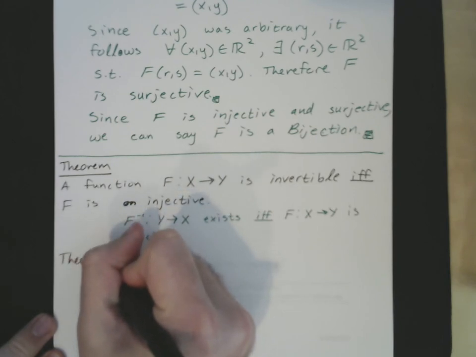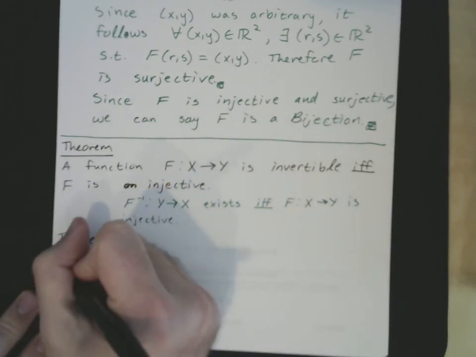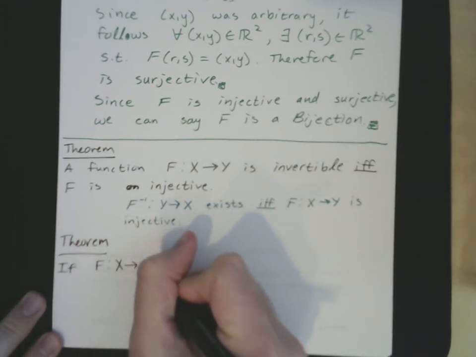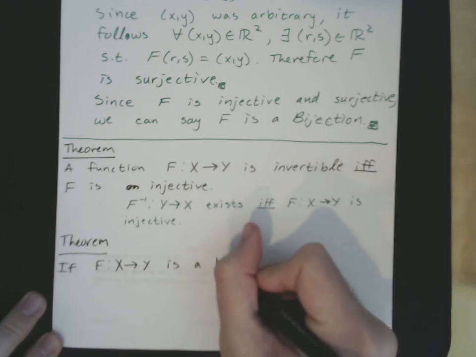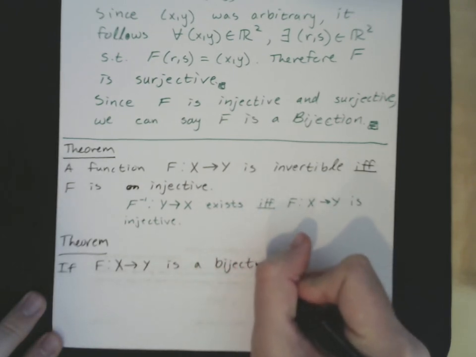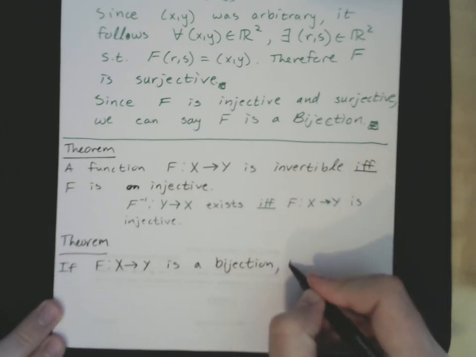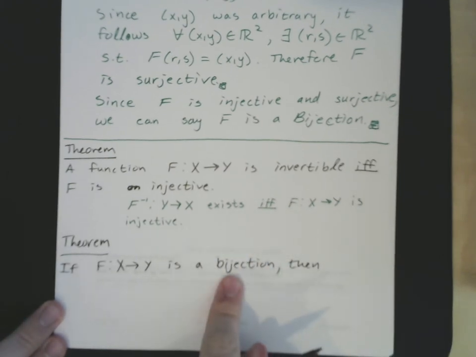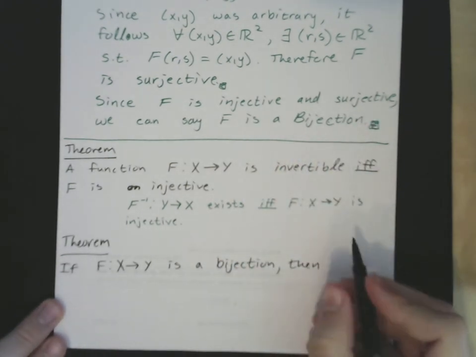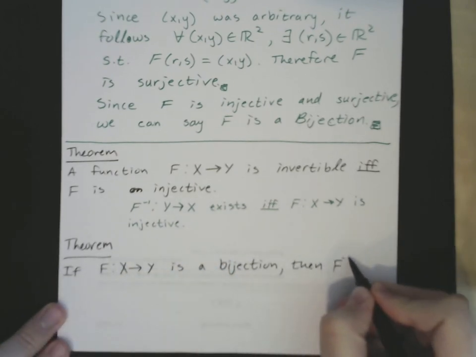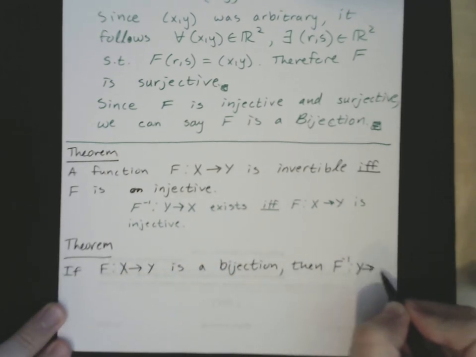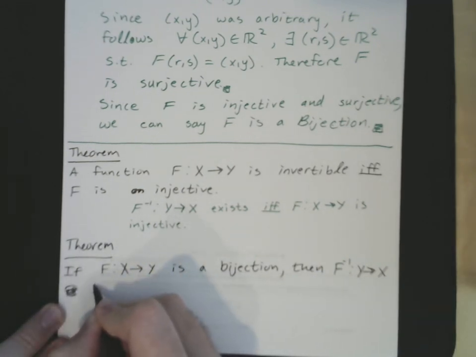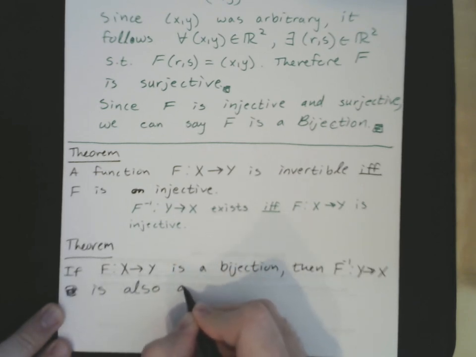And the second theorem here to end this section is: if f that maps x into y is a bijection, then since bijection means injective and surjective, f inverse that maps y into x not only exists, it is also a bijection.